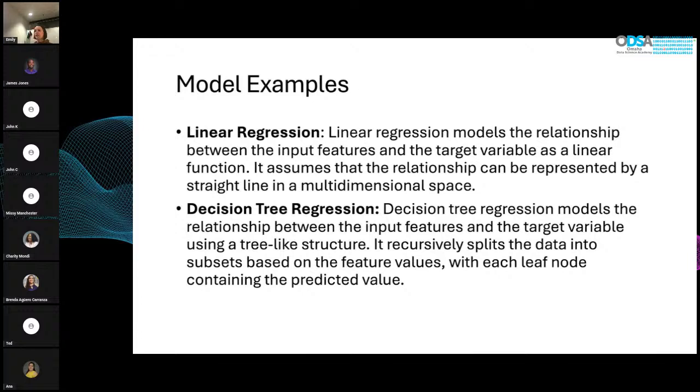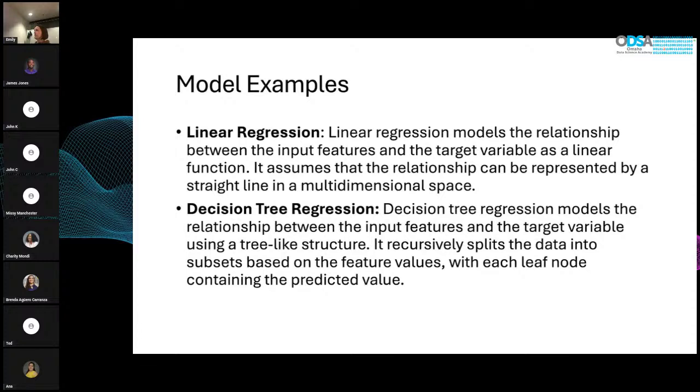So this is that initial y equals mx plus b, or y equals beta sub naught plus beta sub 1 times x plus beta sub 2 times x plus beta sub 3 times x, all up to beta sub n times n. That's the linear regression formula. That is an example of a model that would be applicable to the regression space.